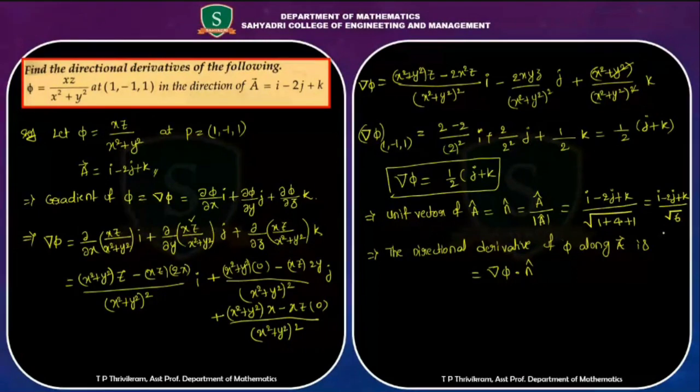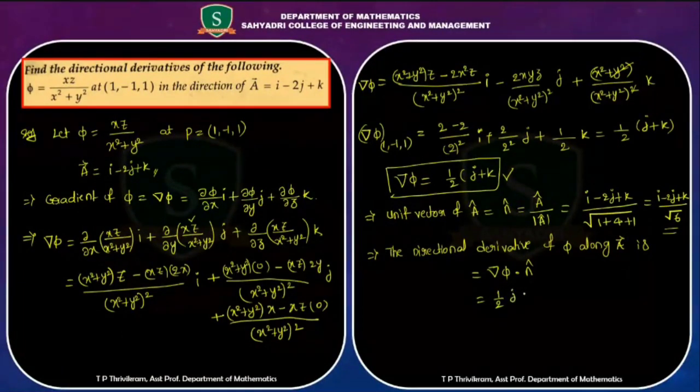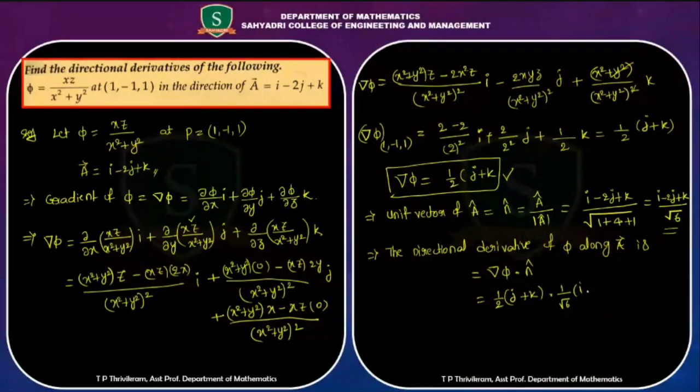Okay, so n cap value is this much, del phi value is this much. So this one is equal to 1 by 2 into j plus k dot 1 by root 6 into i minus 2j plus k.